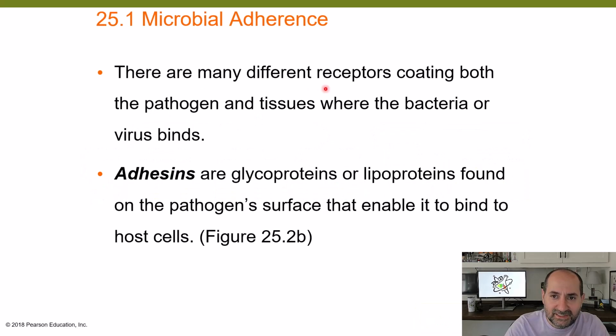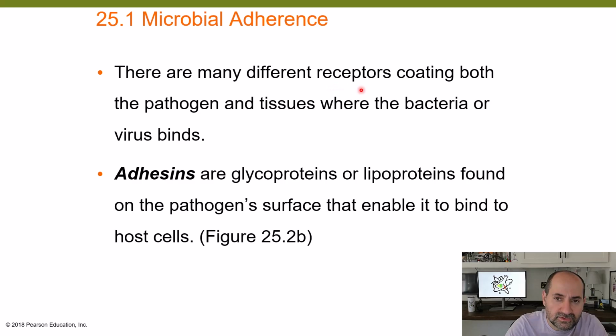Now, there are many different receptors coating both the pathogen and the tissues where the bacteria or virus binds. So these receptors on your tissues are likely sites of adherence. These are sites on your tissues.